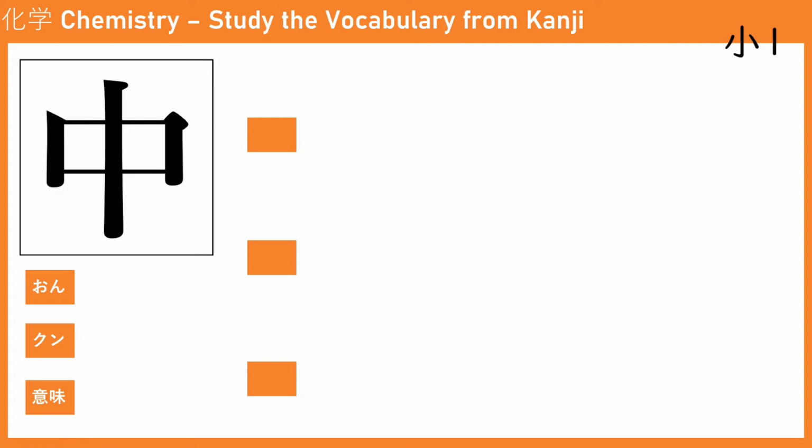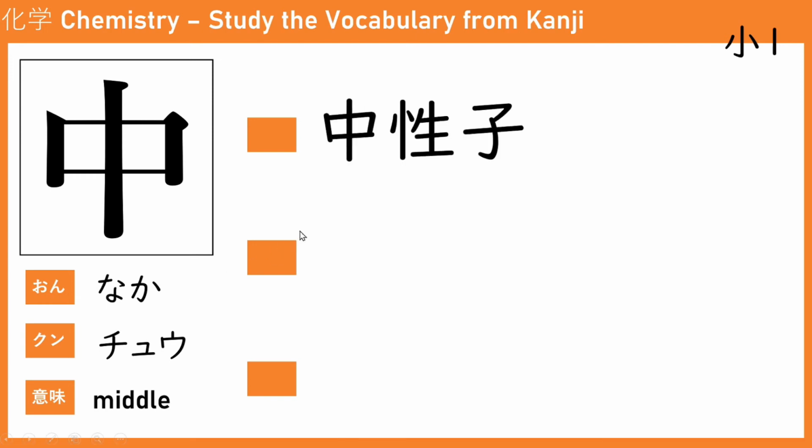The next kanji is chu, or onyomi is naka, which means middle. Okay, this one is an easy kanji. You can start with chuseishi. Okay, sei means the character.